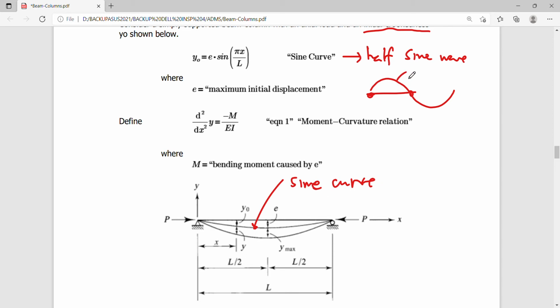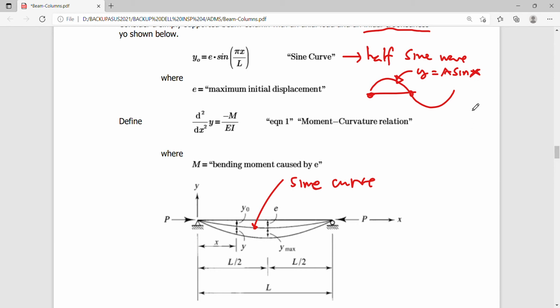So this is simply a function of an amplitude multiplied by the sine of an angle, the angle defining your period.